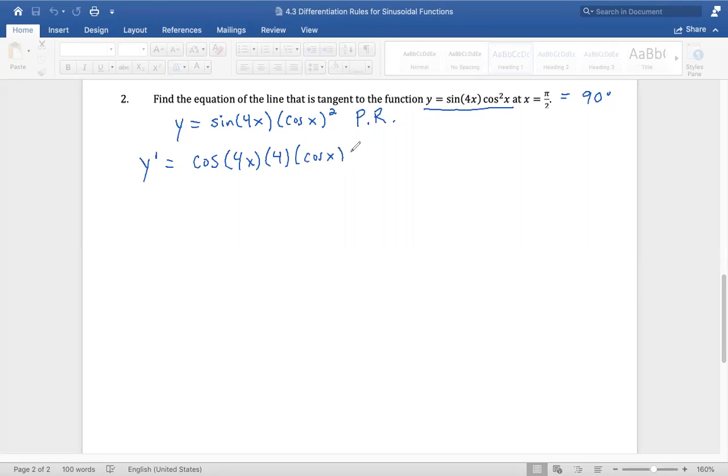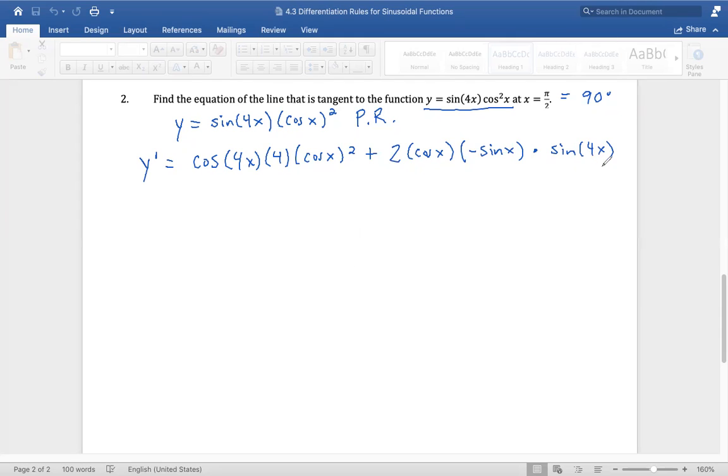So cos of x squared, and then add to that, that's just the whole first part, the derivative of the second. So the 2 coming in front, cos of x to the power of 1, but I don't need to write that in. And then the derivative of the inside, so the derivative of cos is negative sine of x multiplied by exactly what the first term is. So multiplied by the sine of 4x, or you could put like a double bracket there, okay?